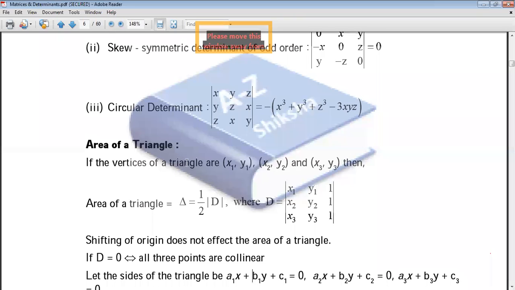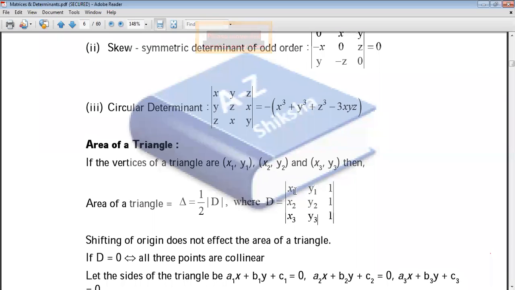So if the vertices of a triangle are x1 comma y1, x2 comma y2, and x3 comma y3, then the area of the triangle, see, area equal to the symbol for triangle, is half into determinant of D. Where D is the determinant x1 y1 1, x2 y2 1, x3 y3 1.